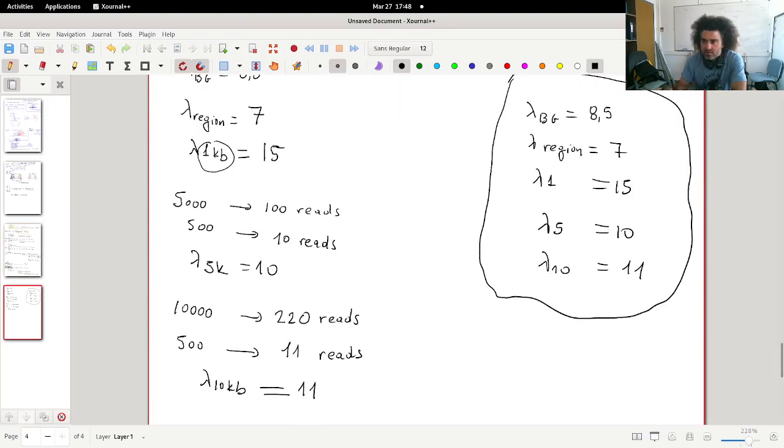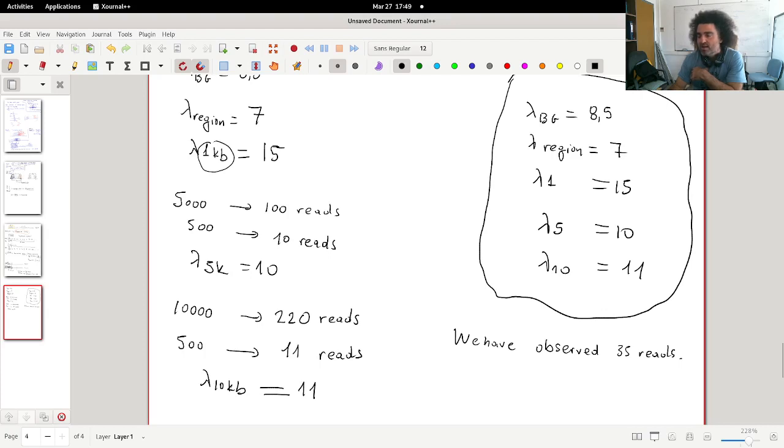I will write it here. We have observed 35 reads. Now we might think of a random process that has generated these 35 reads, but this random process might be any one of them.